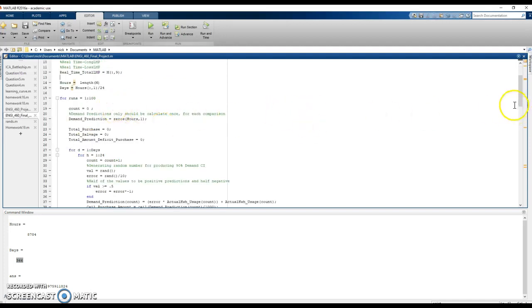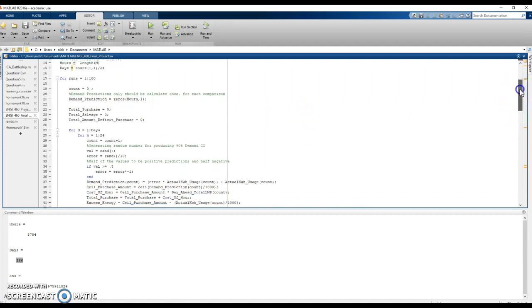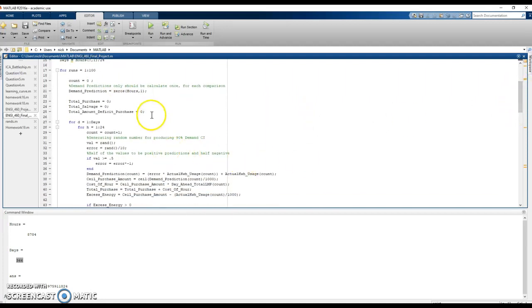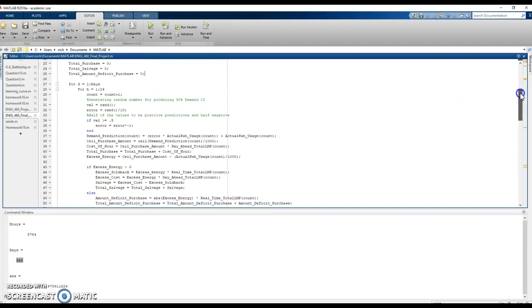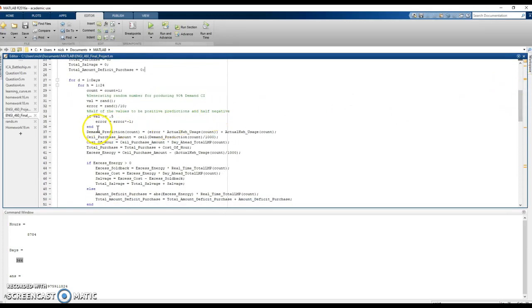So we have our demand prediction brought in, and then we run our function on the following things. Directions. And total purchase. Here's our Monte Carlo, our random numbers.